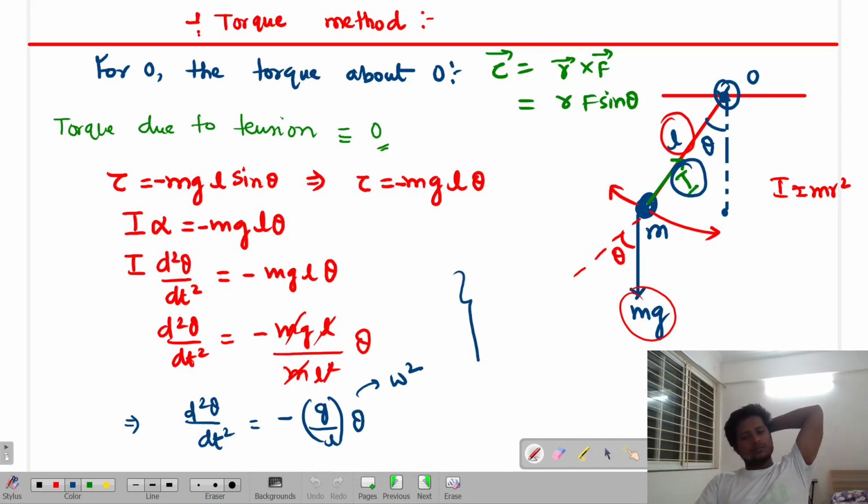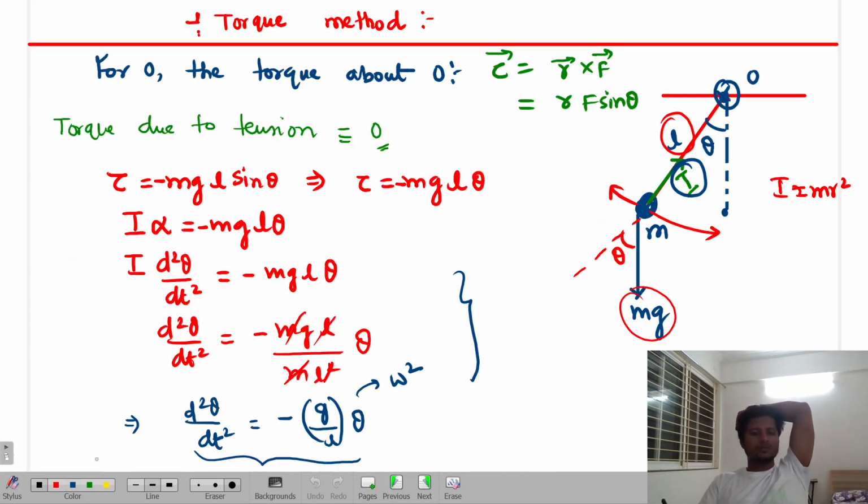Actually, in circular motion, we came across this relation, isn't it? If I write alpha, alpha is radius into acceleration.